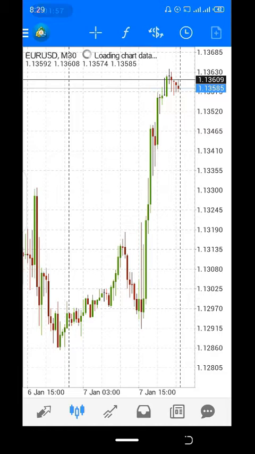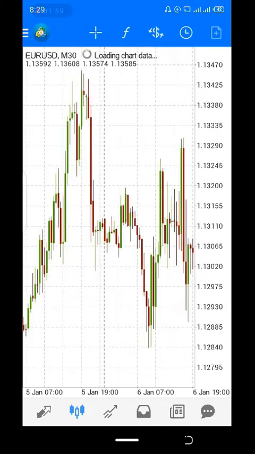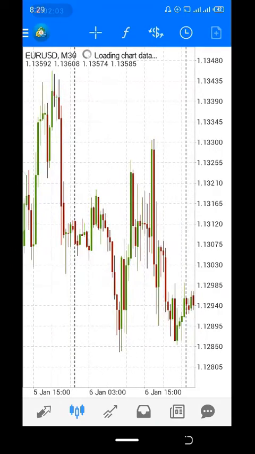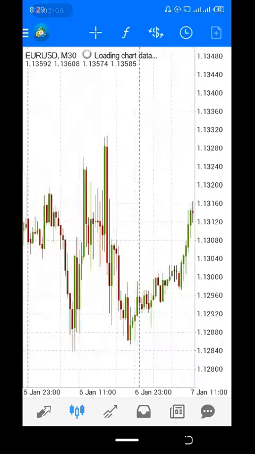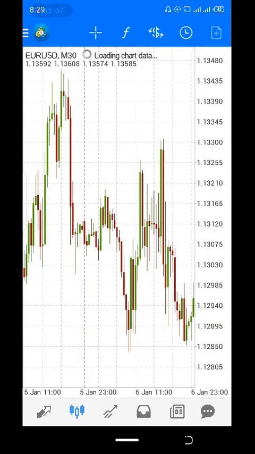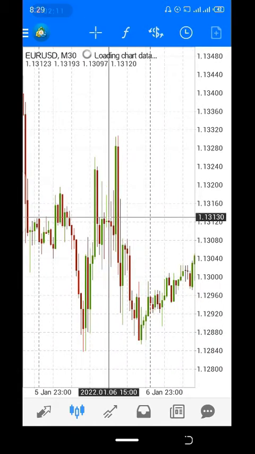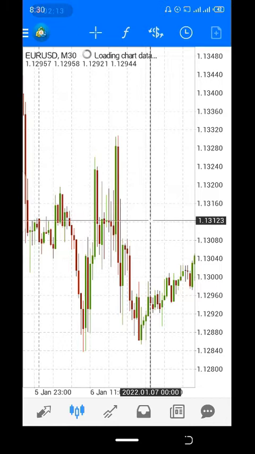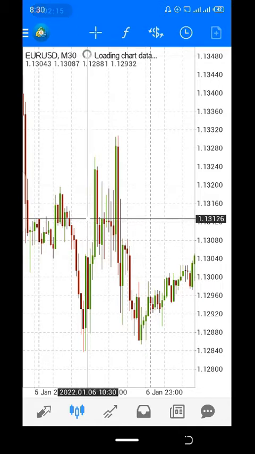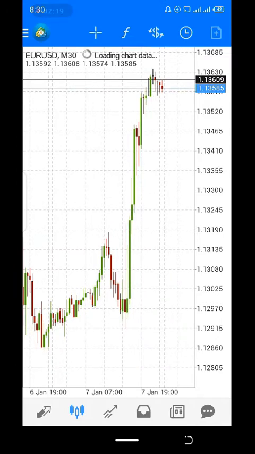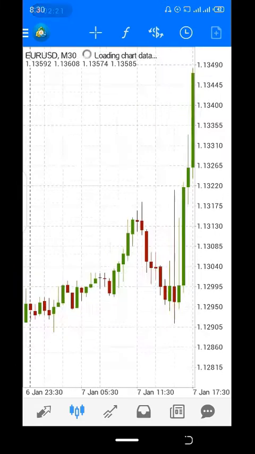What this period separator is showing you is what happened within 24 hours. From this period separator to this period here is 24 hours.